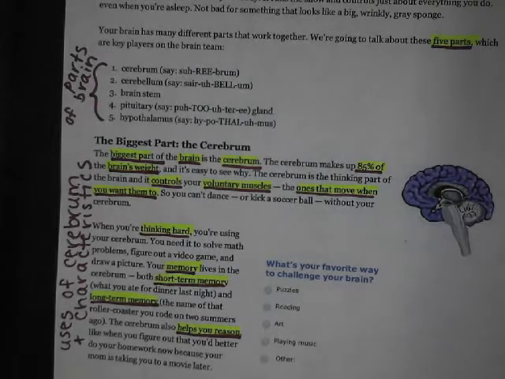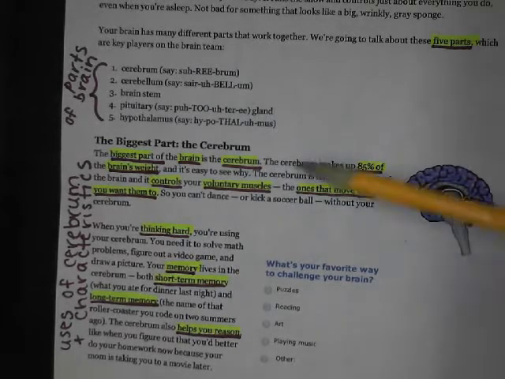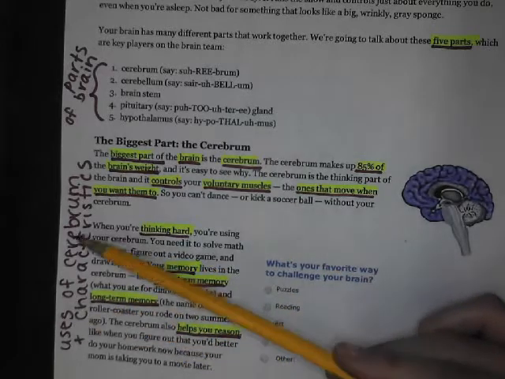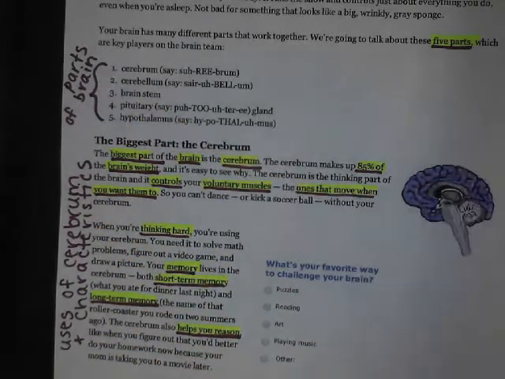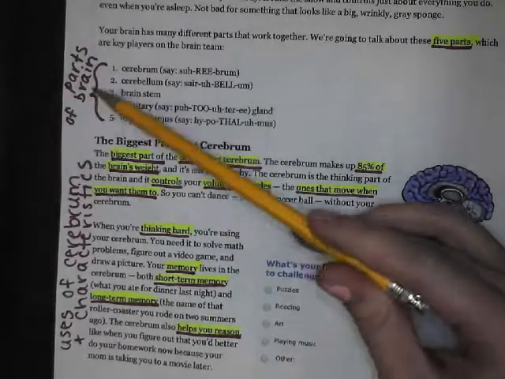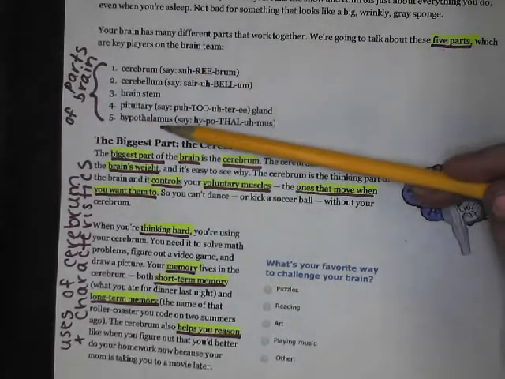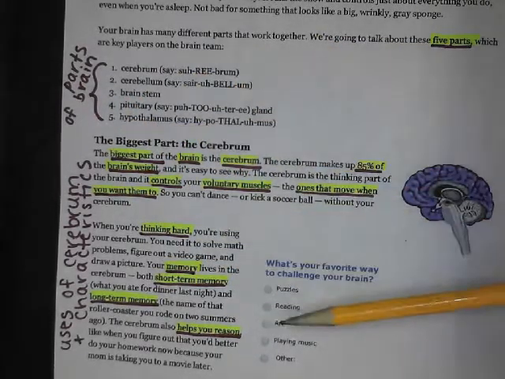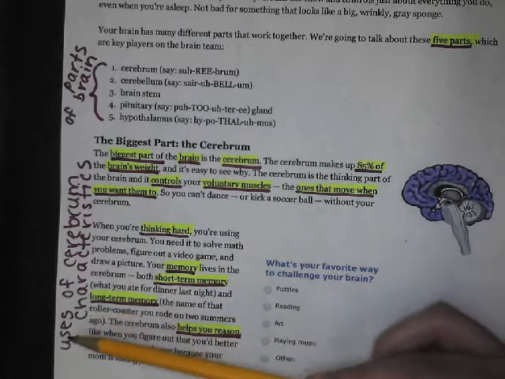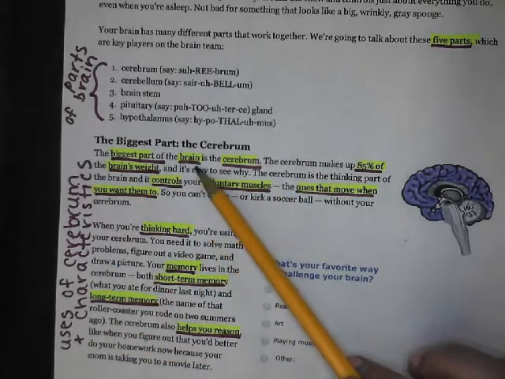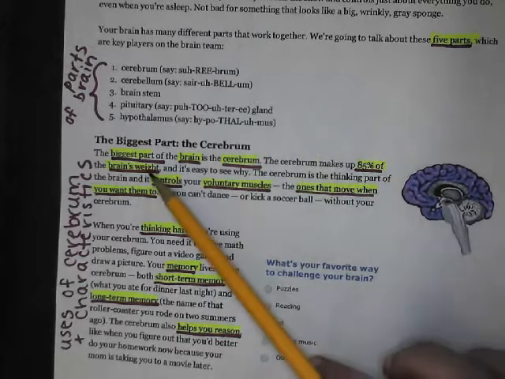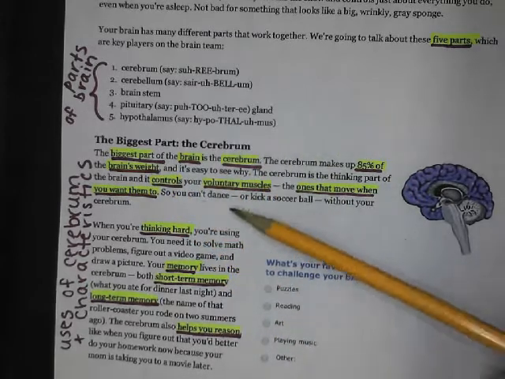So based off of just the highlighted pieces, you can start to get an idea of what this article is about. But then if you read the margins, so it says uses of cerebrum and characteristics, and then parts of brain. So right there I know the parts of the brain, there are 5. Here's where I'm going to find those 5 parts. Then if I want to know some characteristics and uses of the cerebrum, I'm going to go here and find that it's the biggest part of the brain. 85% of the brain's weight is the cerebrum.